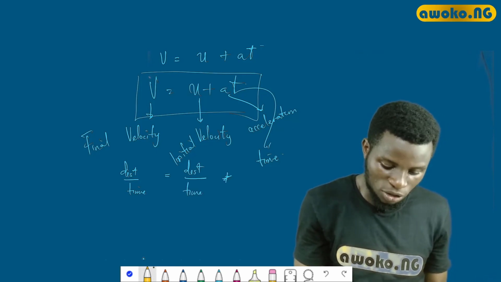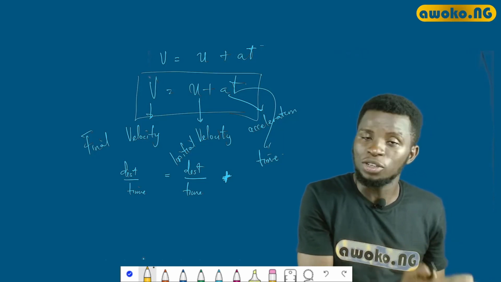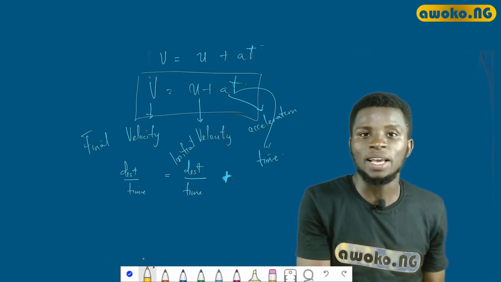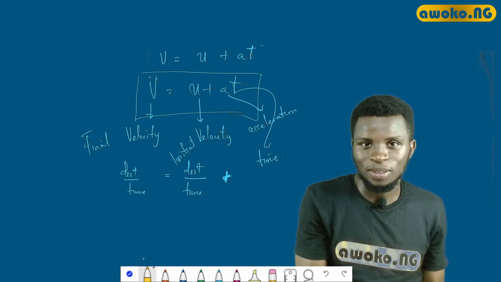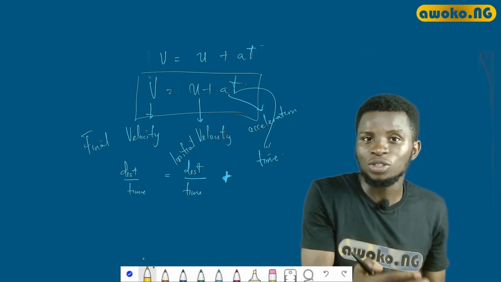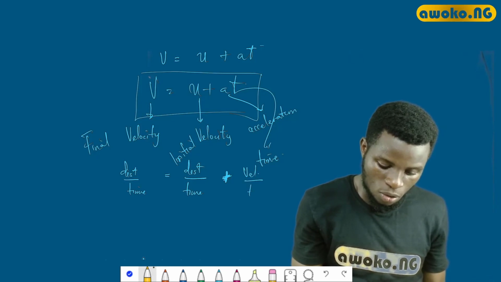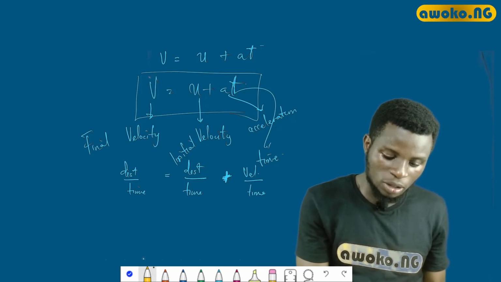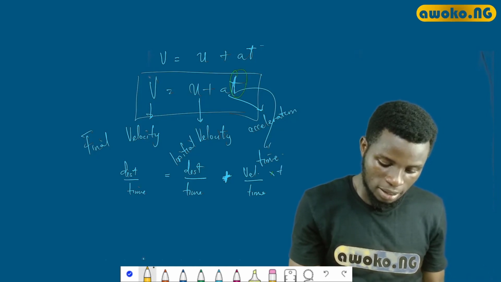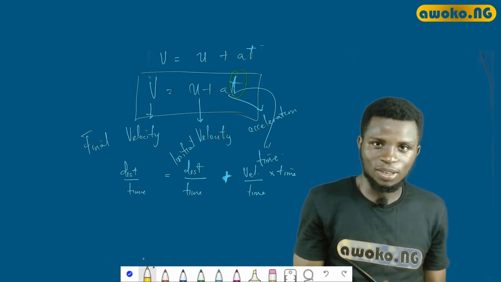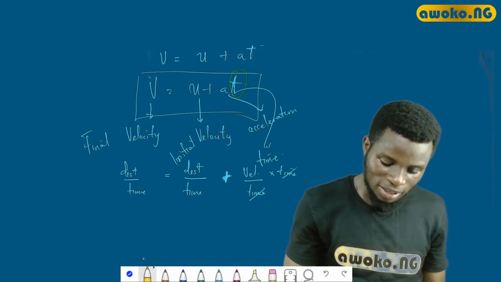And acceleration, of course, is the ratio of the velocity of a body to the time. So we have velocity over time. And because time is here already, we'll multiply it by the time. Do you understand? So, of course, time cancels time.